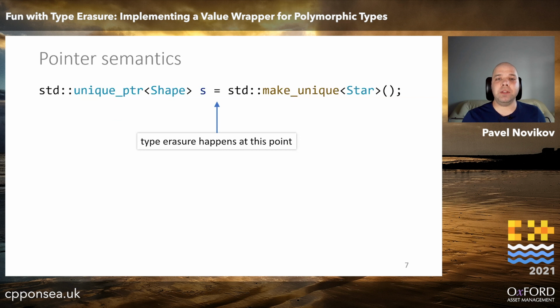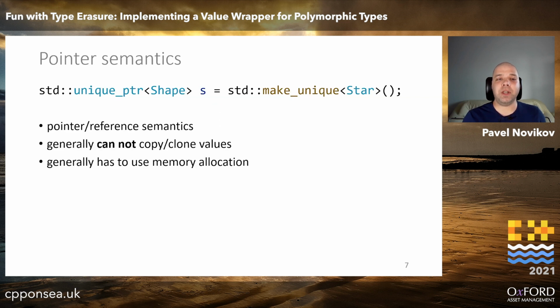It can be used like this. We make a unique pointer to star, and interesting things can be done when we assign it to a pointer to shape, to its base class. I like to think that at this point, when the assignment happens, we can see type erasure, because we lose information about the actual type. What is left is just a pointer to the base class.